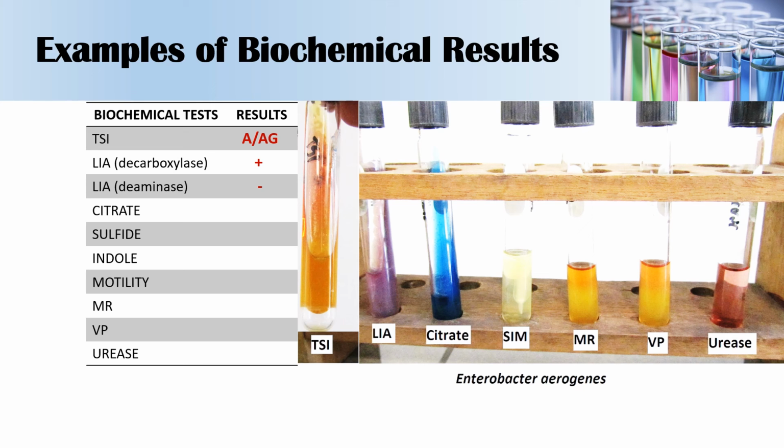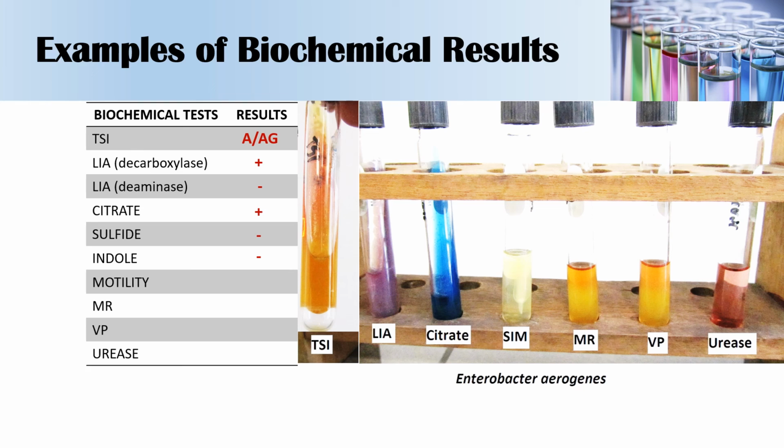Citrate tube is blue, so therefore it is positive. For the SIM, it is not clear, but it is negative for sulfide because there is no black formation in our SIM medium. For the indole, there is no pinkish compound at the top of our medium, therefore it is negative.